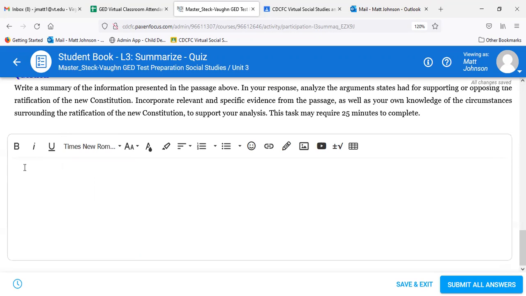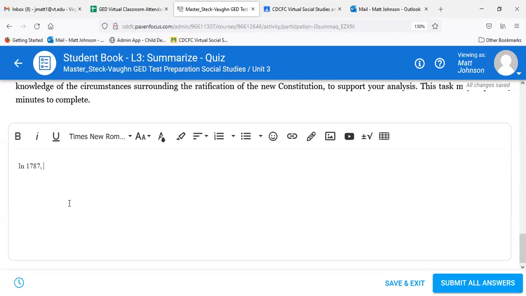So we start off with our topic sentence, our main idea. So we could say in, I hope, is my text big enough? Can you guys all see what I'm writing here? So you can follow along. I might try to make it a little larger for everybody.